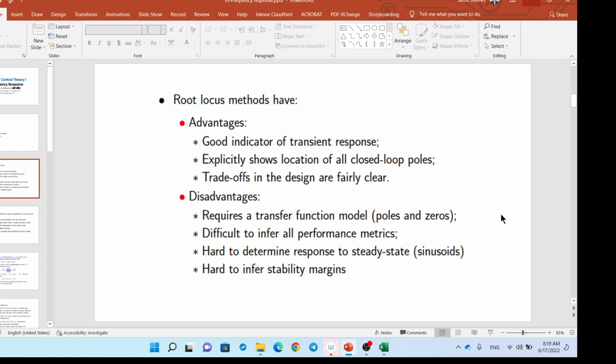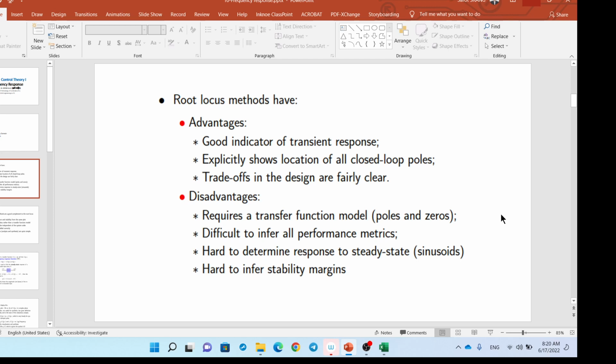For the disadvantages of root locus, first it requires a transfer function model, and you need to know the poles and zeros of the open loop transfer function. And it's difficult to infer all performance metrics.